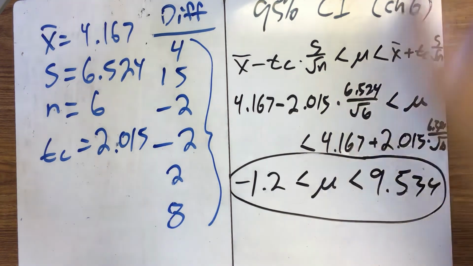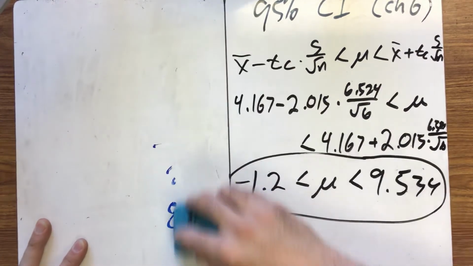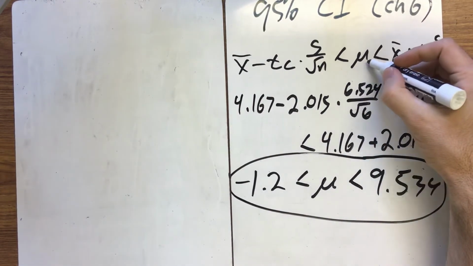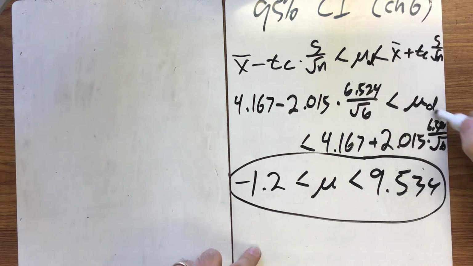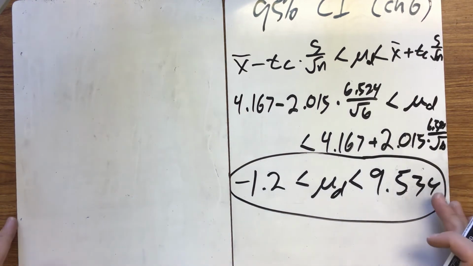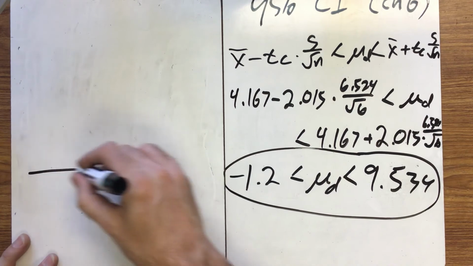So this is what I get for my confidence interval. And hopefully this makes a little bit of sense, and this actually harmonizes with our last problem. If someone asked what this mu is, a lot of times people put a little d on it, mu d, because they're saying the average of the differences. So this isn't the average of the test scores. This is the difference between the two test scores.